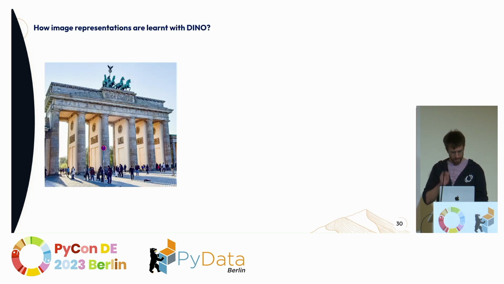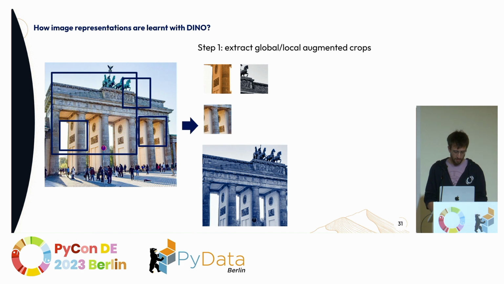To understand how it does that, we should dive a little bit into the DINO algorithm and see how it learns good representations. Here I randomly chose an image that is going to be seen during the training phase. The first thing we do is extract crops: global crops, the big crops, and small crops.